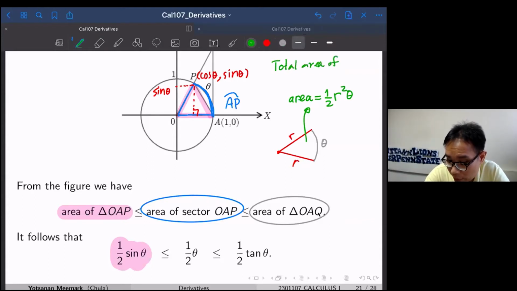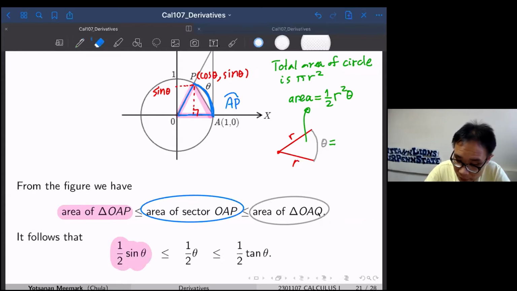The total area of the circle is pi r square, and the theta here is going to be like 2 pi r.